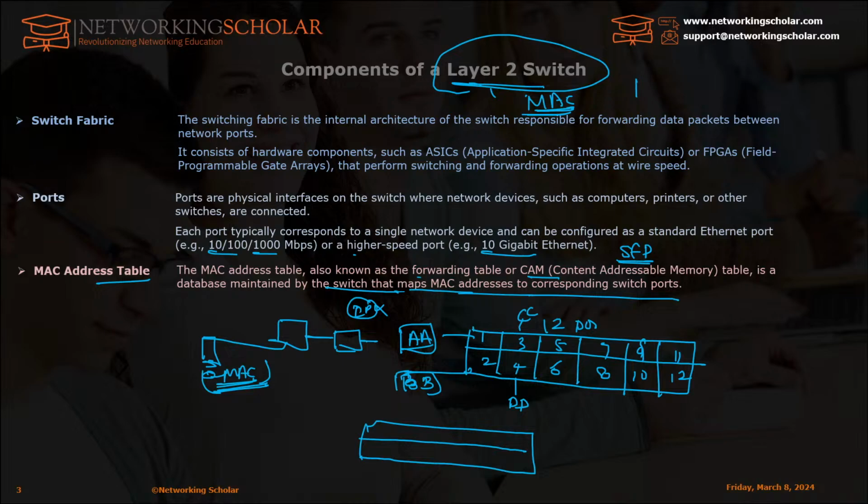If we have a management interface, it will help us configure without removing the switch from the rack and without plugging a console into the console port. The switch management port works based on CLI, the command line interface, as well as a graphical user interface.